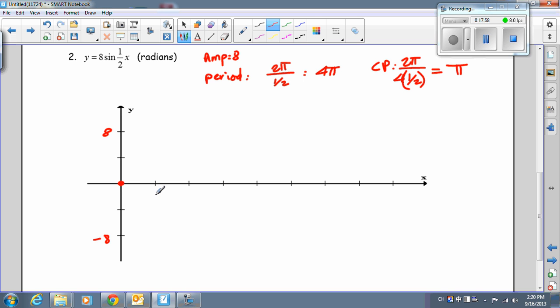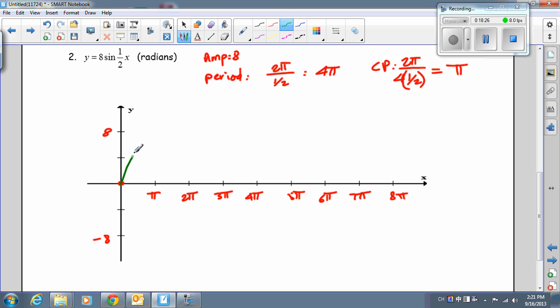So I'm putting pi everywhere here. So this is pi, this is 2 pi, 3 pi, 4 pi, 5, 6, 7, and 8 pi's. Since the sign in front of the amplitude is positive, it means that from the starting point you would be going up.